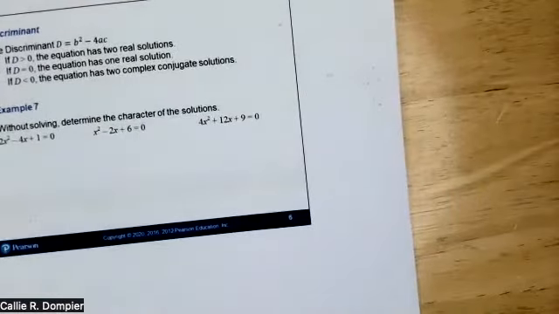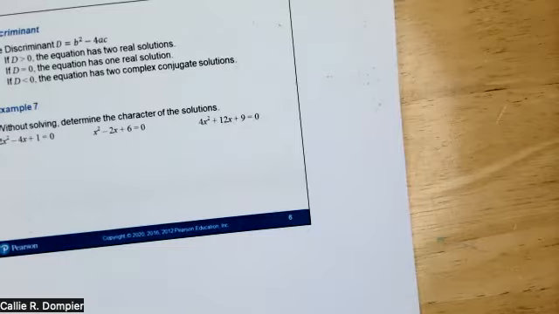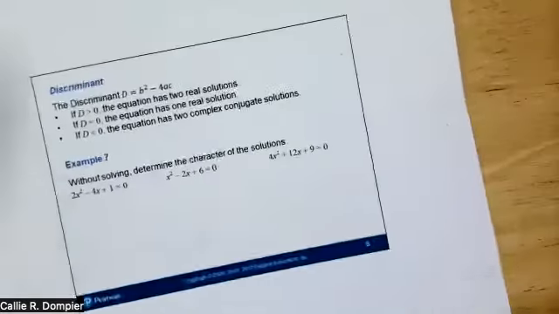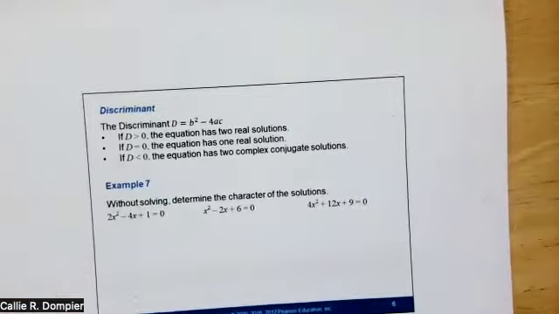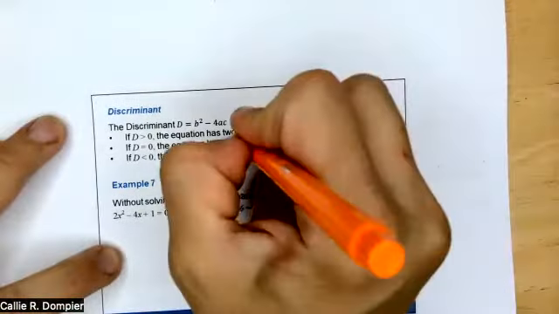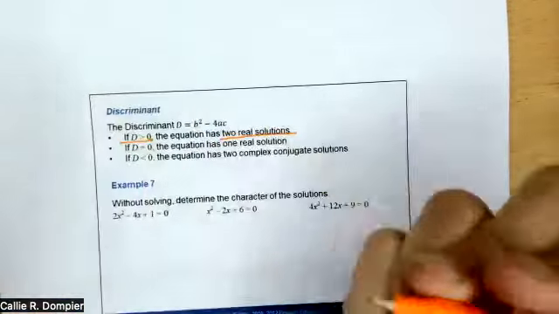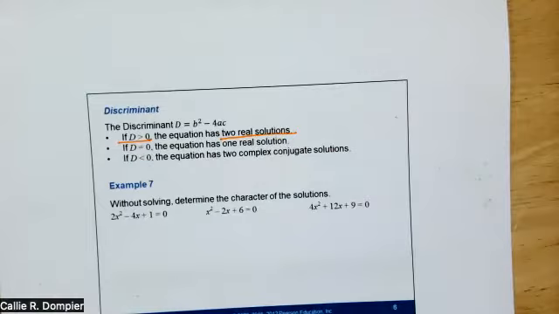Last part of Monday's class is the discriminant. The discriminant is just the part of the quadratic formula that is under the radical. So if you want to decide before you start working on the quadratic formula how many solutions your equation will have, you can solve it for the discriminant first.